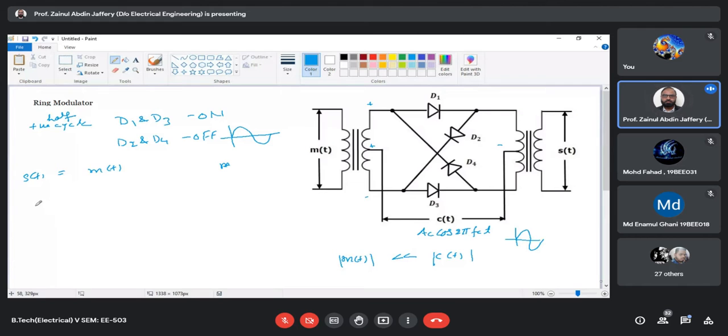And for negative half cycle, for negative half cycle, you'll see that this will become a negative and this will become a positive. In that condition, you see this D1, D3 will become off and D4 and D2 will become on.